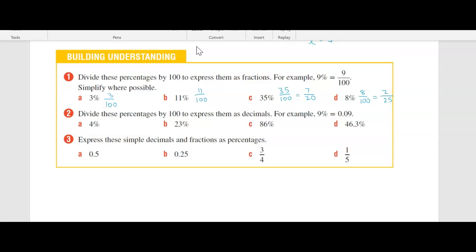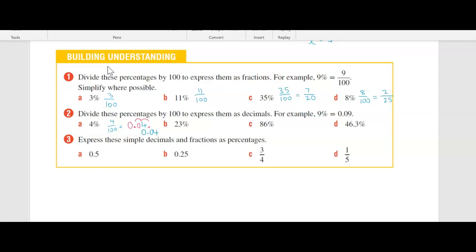All right, divide these percentages by 100 and express them as decimals. Okay, so if you're dividing by 100, basically, we've got 4 divided by 100. You can just take that 4 and move your decimal place 2 spots. So our decimal is here, and then we're going to move it 1, add a 0, move it 2, and there it is. So your number becomes 0.04.